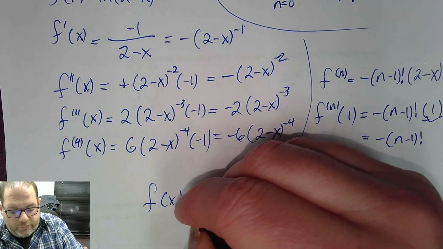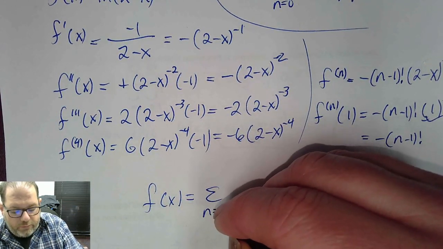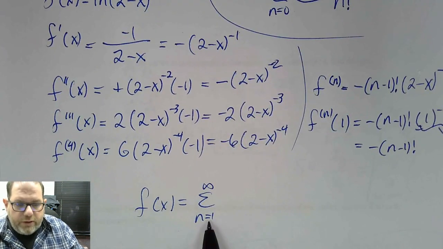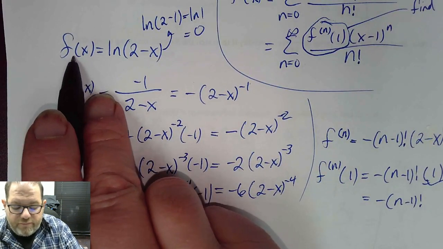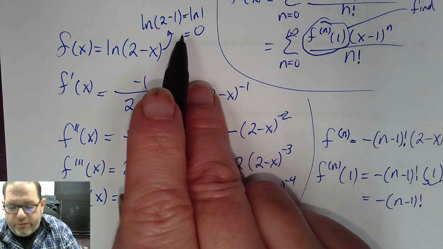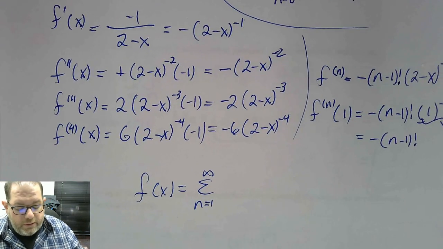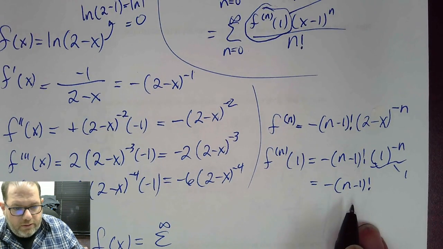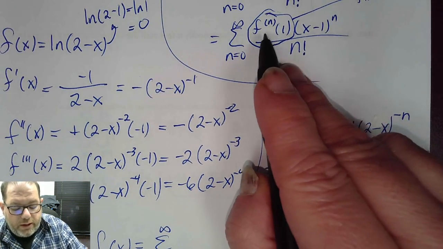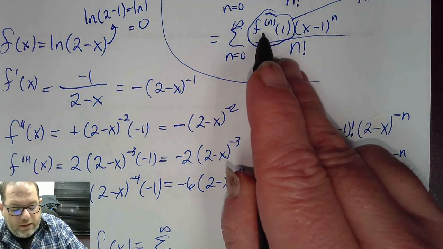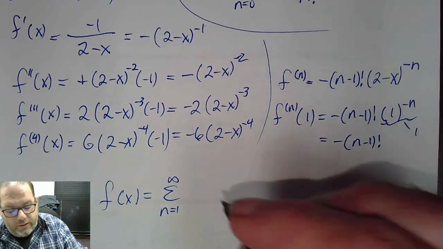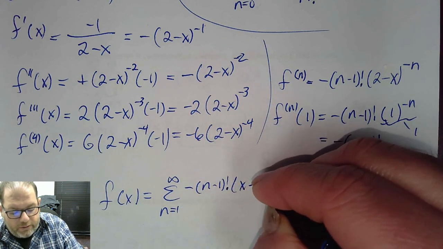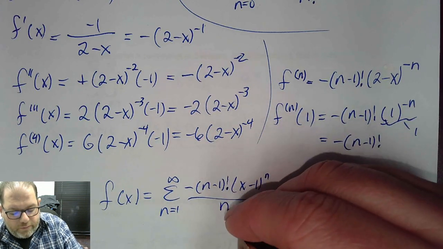So f of x will equal the sum, n equals 1 to infinity. Now, notice we changed it from n equals 0 to n equals 1 because our original function value was equal to 0. So we just peel off that first term and start at n equals 1 instead. And then we plug this in, negative n minus 1 factorial, where f^(n) of 1 goes. That's what we just found. And then just fill in the rest of this. So it's negative n minus 1 factorial times x minus 1 to the n over n factorial.